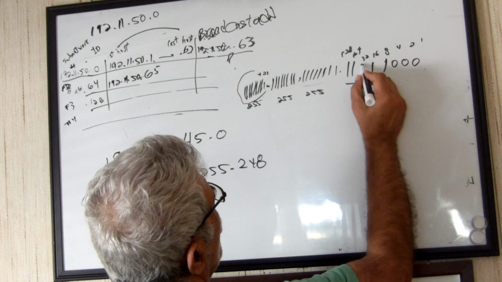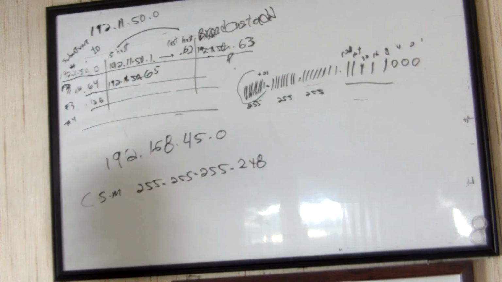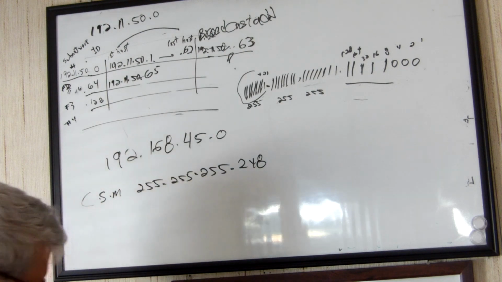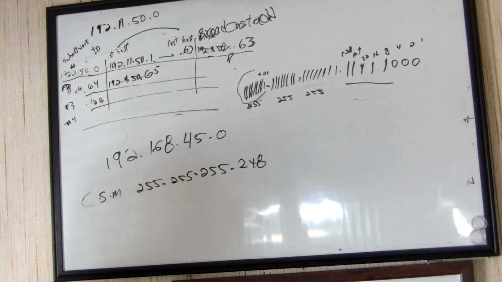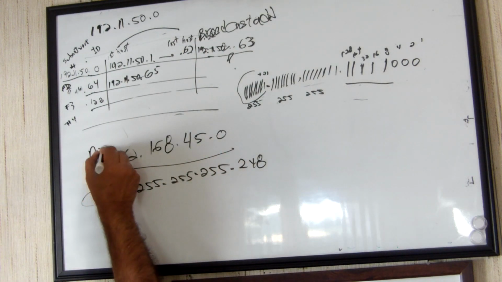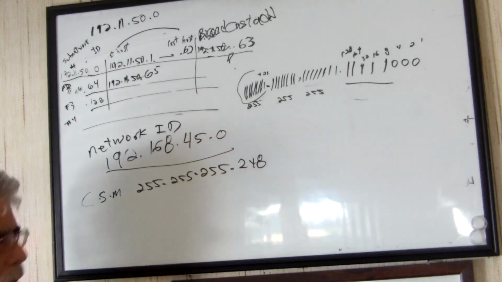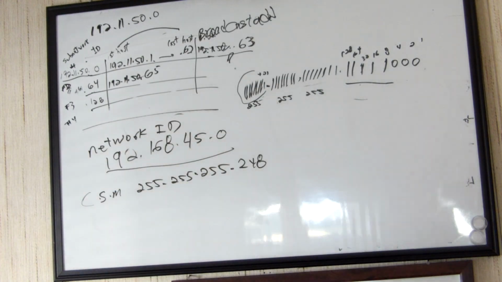They want you to find out how many subnets and hosts you can get from this network. This is the network ID. Okay.